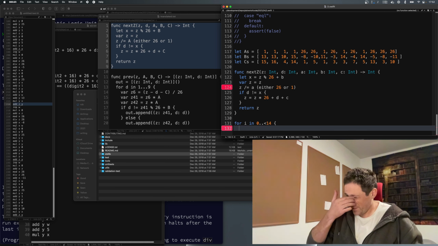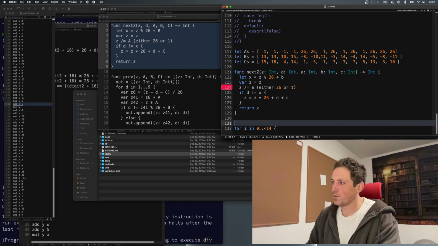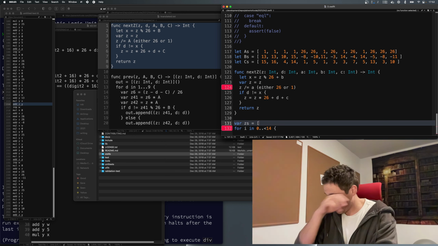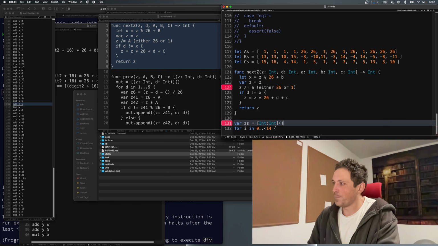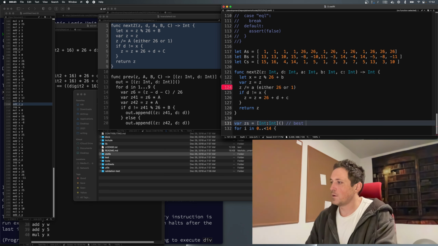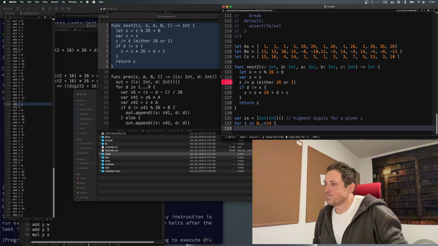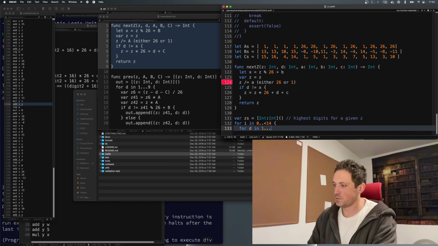And what should we do? So we can call this z's. This is like our cue for what we have to do. Digits for a given z. Okay, so for d.